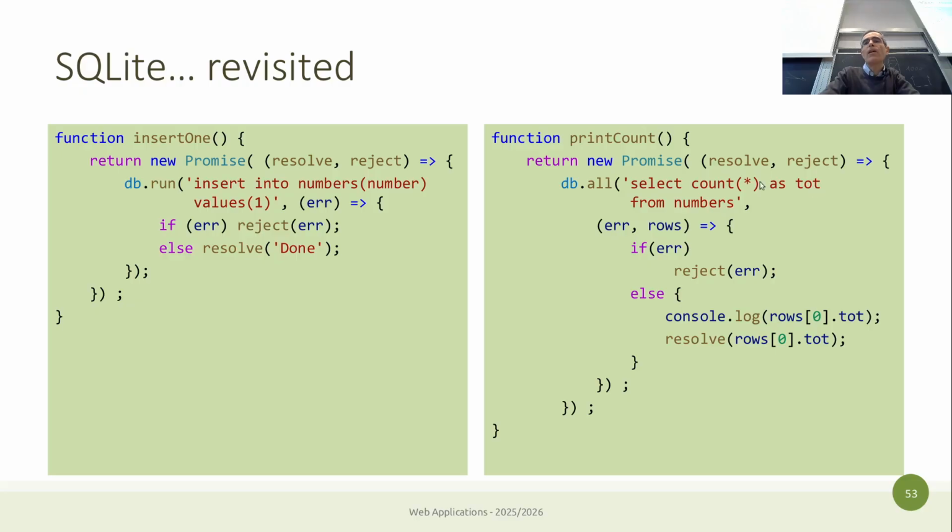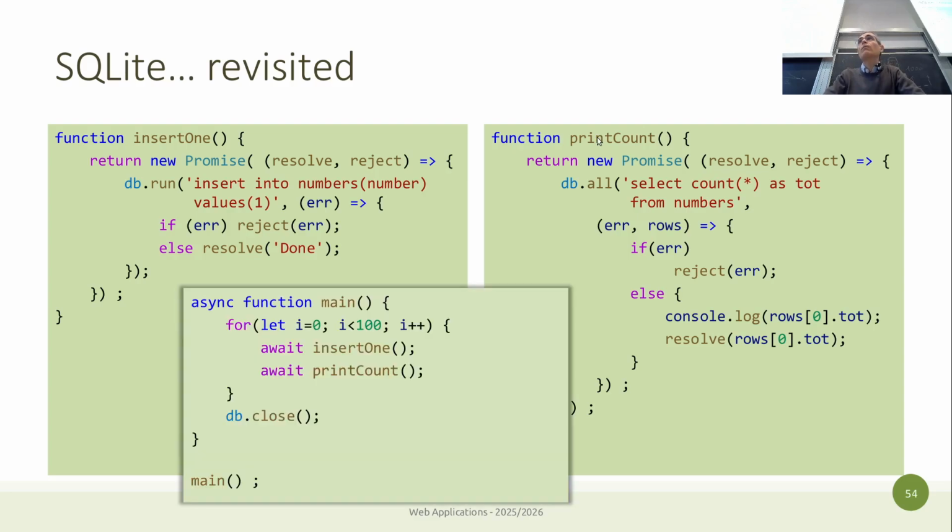Okay. If you are unsure in the lab, just print the whole object, just console.log rows, have a look at how it is built, and then you adjust the code and you write the name of the properties you're interested in and so on. Okay? Very, very simple. But, so we have insertOne and printCount as two asynchronous functions. And now we can decide how to use them.